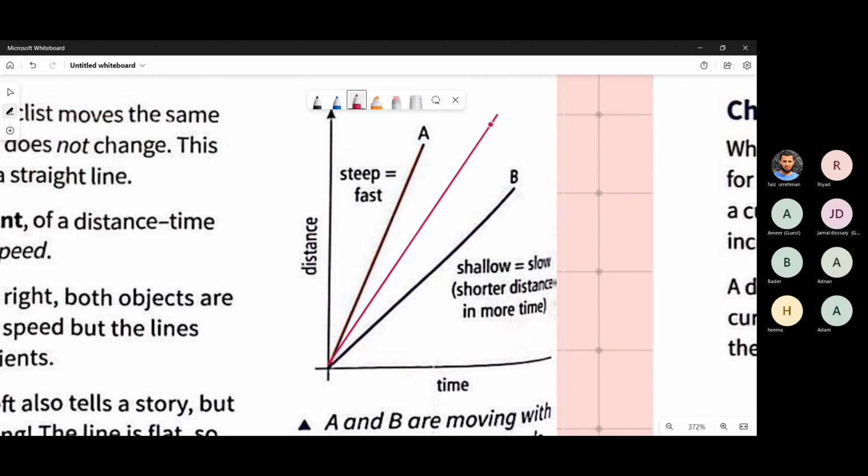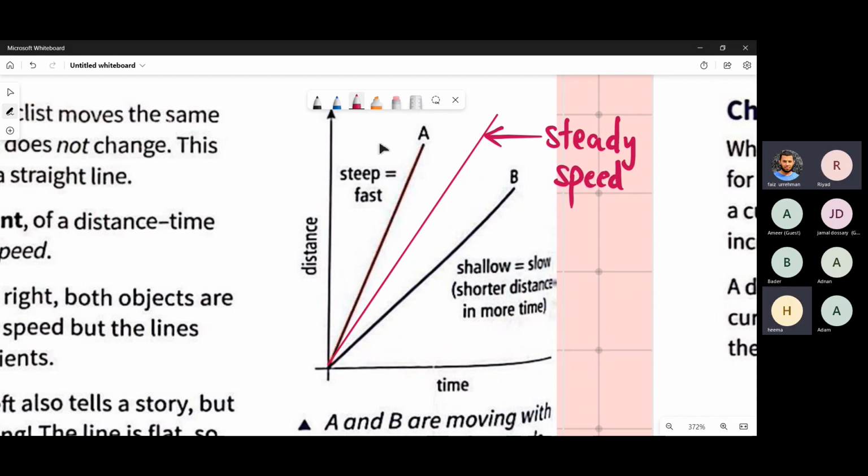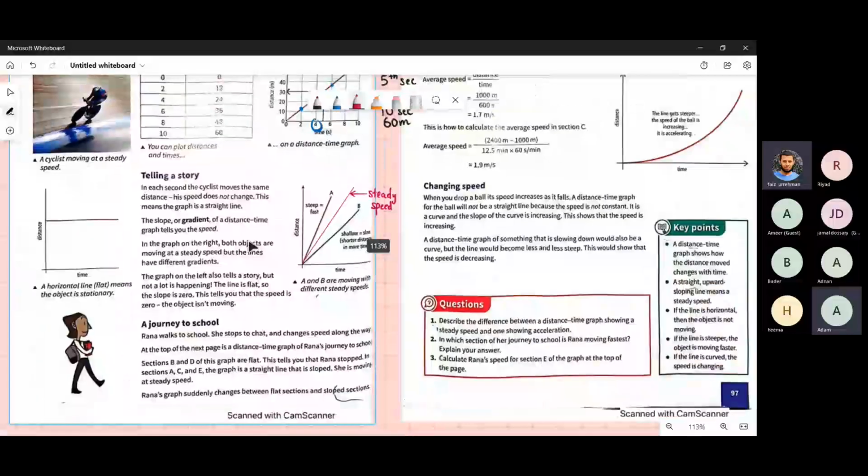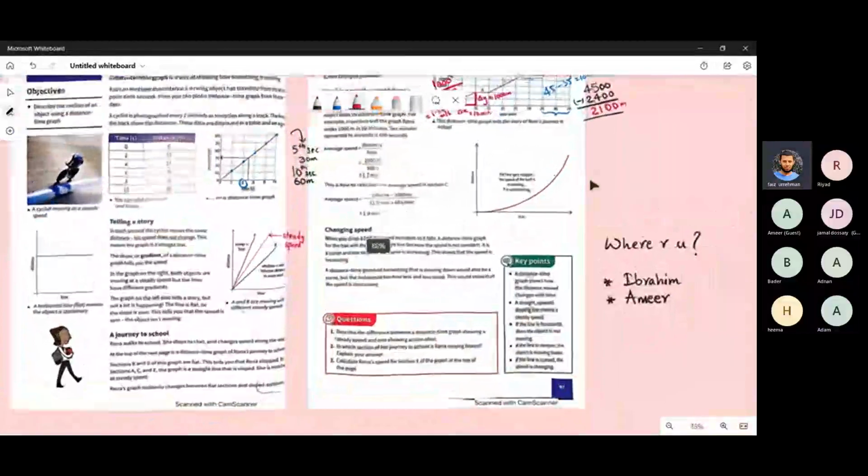Steady speed or constant speed. This is the answer I was looking for. This means steady or constant speed. It means the speed is neither increasing nor decreasing. It's the same, at a constant.